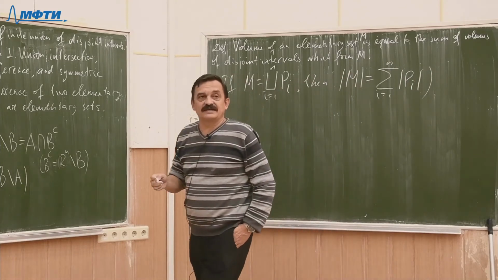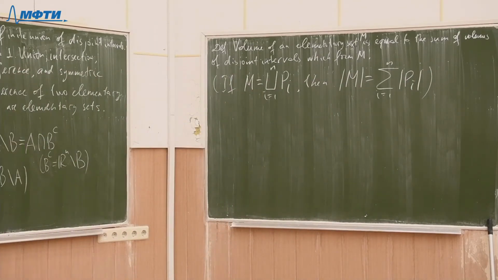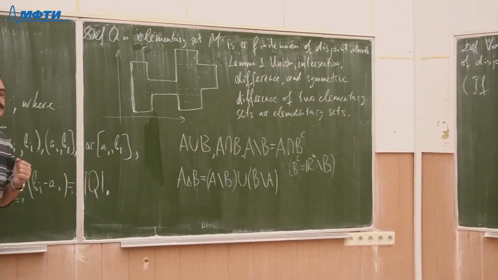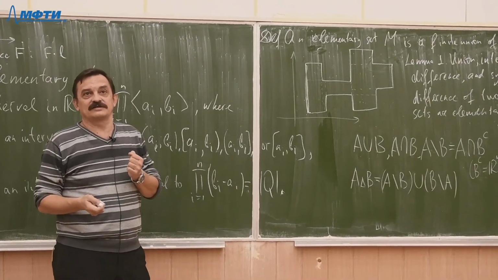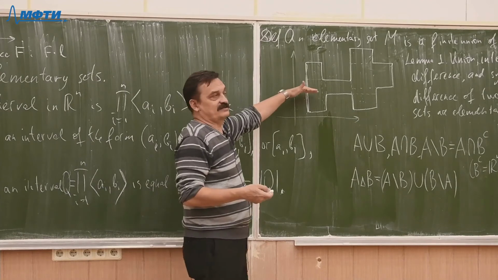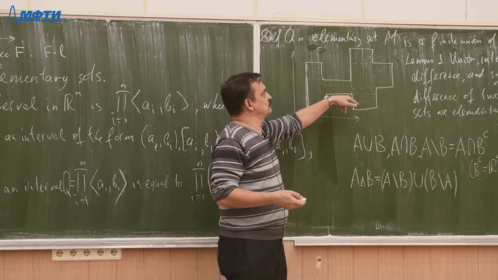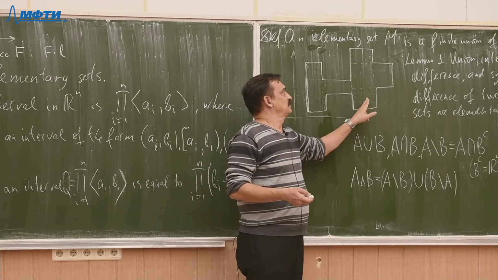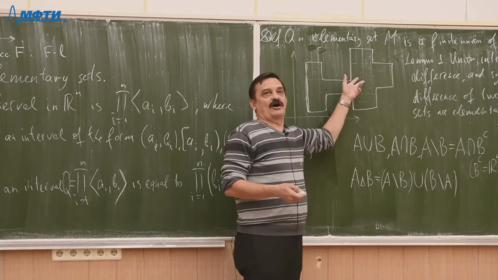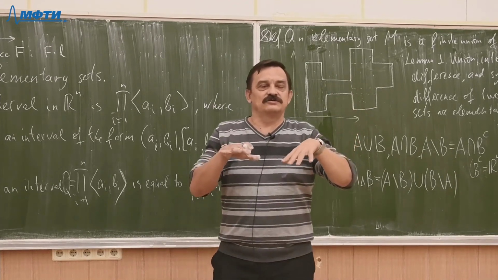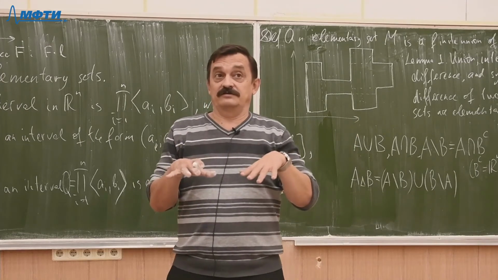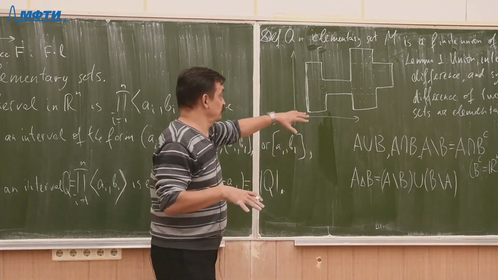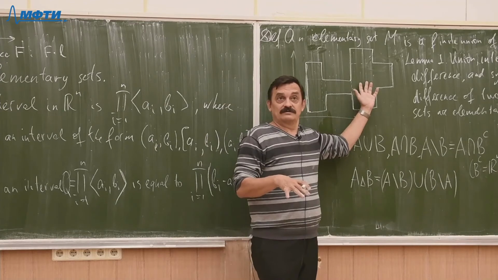So once again, I need to prove that this definition is correct. What do I mean by correctness? Look at this example. I draw one partition of our elementary set into disjoint intervals, right? But we can do it in a different way, right?